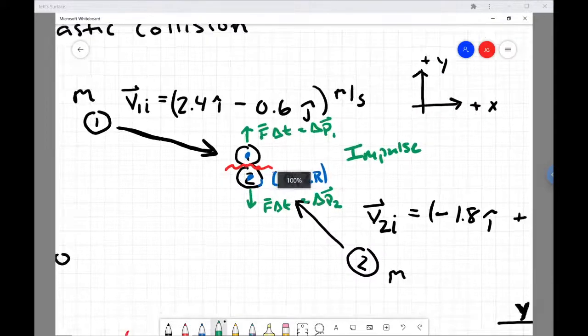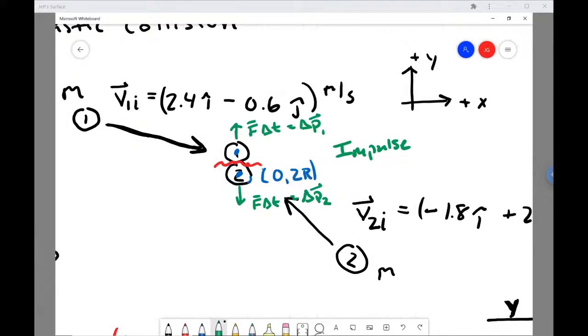And so impulse is a vector quantity. And Holly's got right now, never mind, I said opposite direction when referring to the y direction. That's correct. Okay, so let's take a look here at this picture.